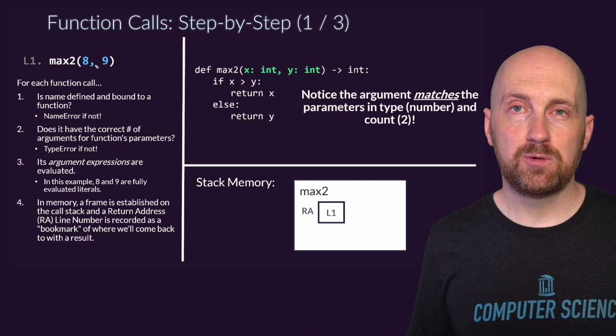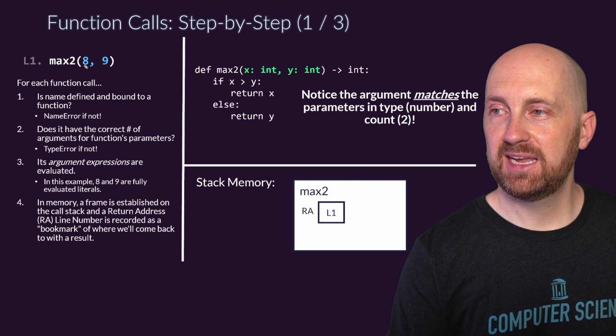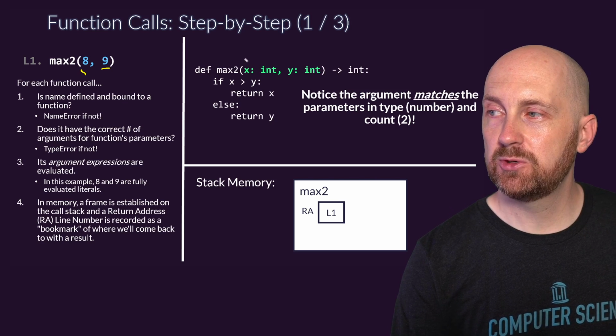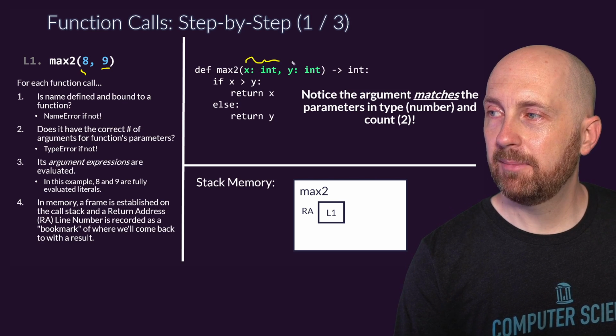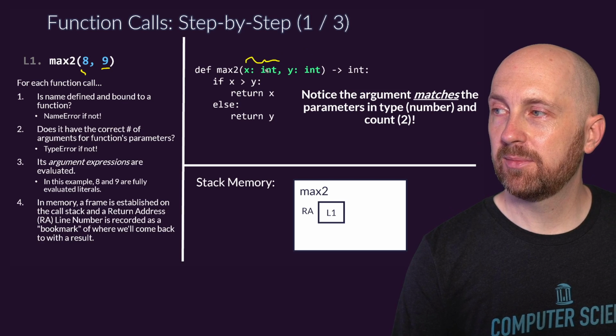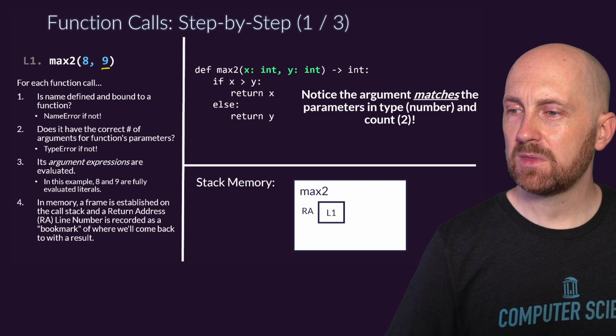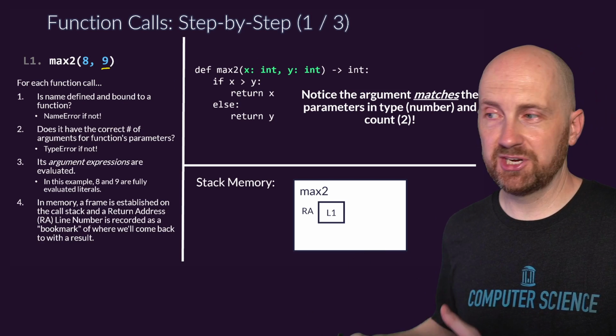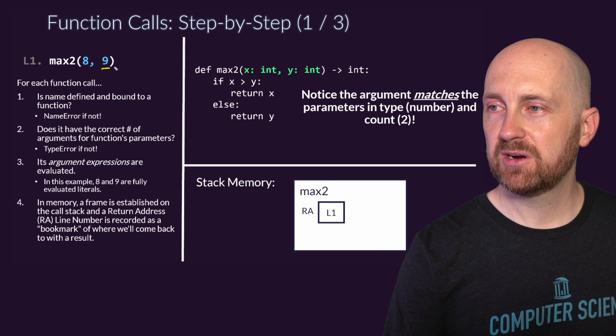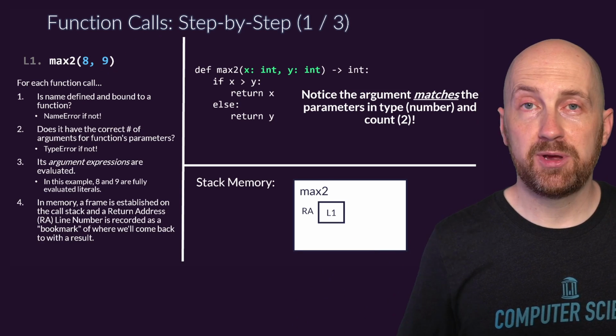And those values need to match, right? So the int values of these 2 expressions, which are just number literals, match with the int of our parameter list, all right? So then that's when we're actually going to go and set up this stack memory, which we talked about before, and we'll be on our way.